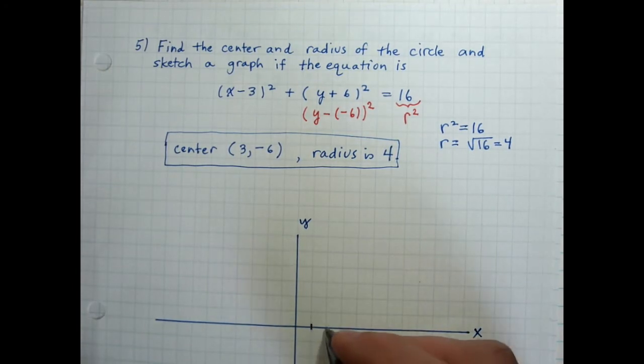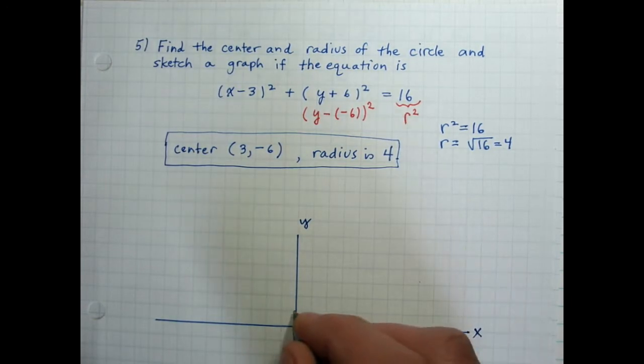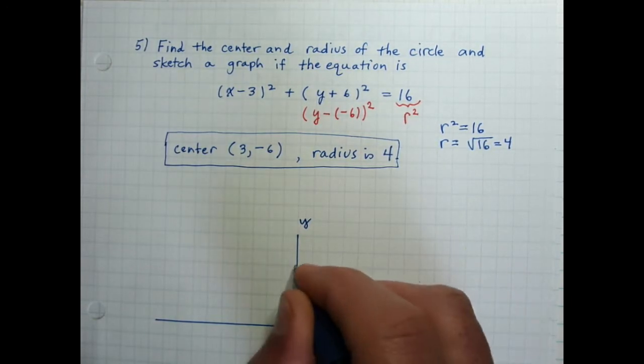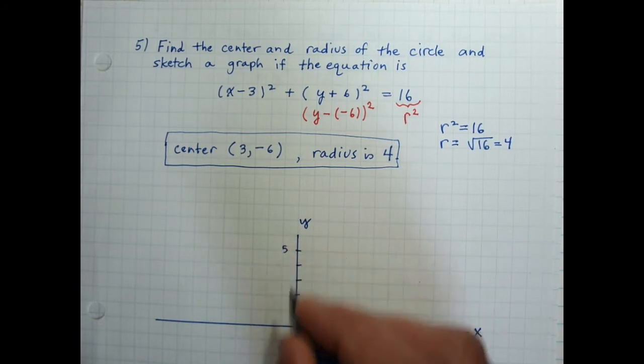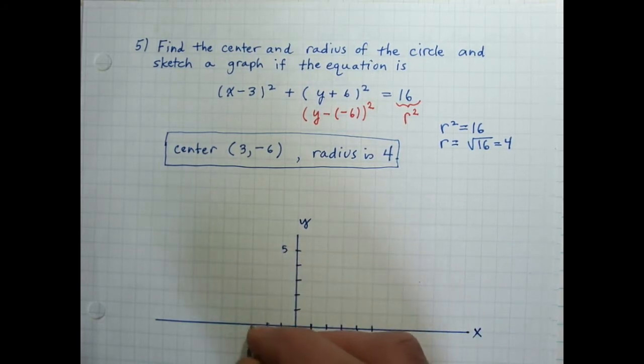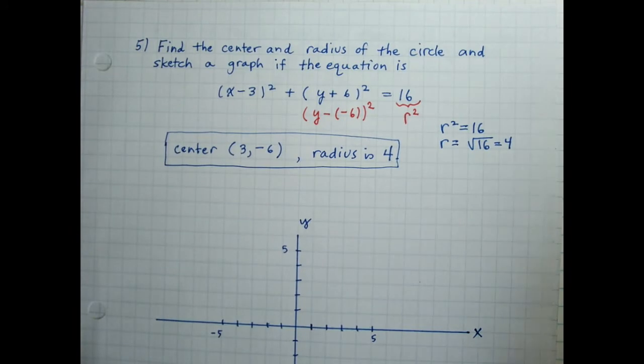So 1, 2, 3, 4, 5. Each square is worth just 1 unit if I use a scale like so. Okay, so I set up my coordinate axes.